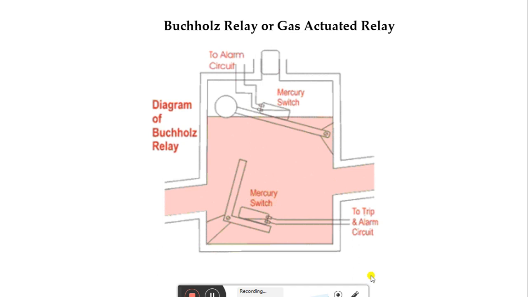In that case also the mercury switch may be operated and this may trip the circuit. So how to avoid it and how to see the operation of this Buchholz relay, we will go to the next slide to see the overall construction, operation and working of this relay.